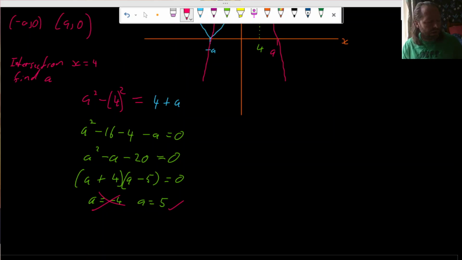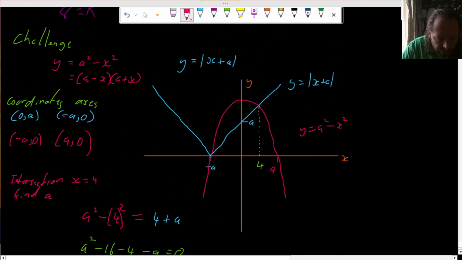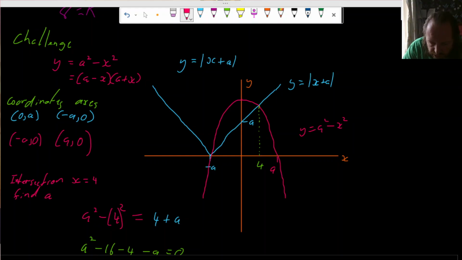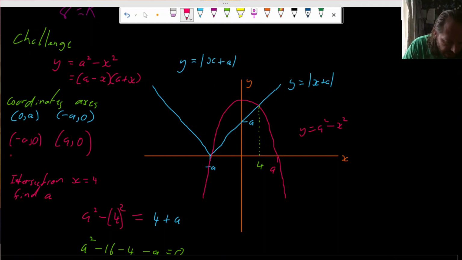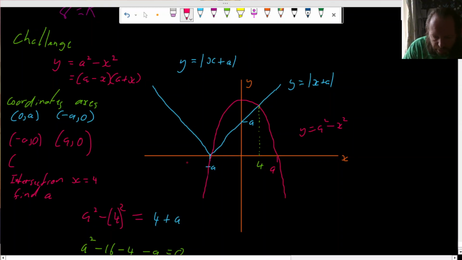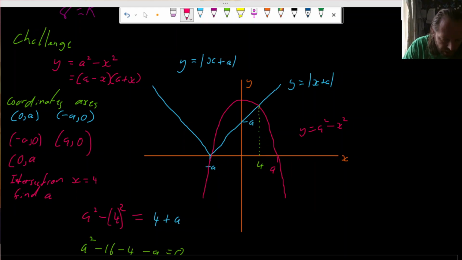And I've just looked at the answers in the book. That's all fine for the a equals 5, but what I did do is I forgot to write down the coordinate of where the pink graph crosses the y-axis. I did speak about it as I was doing my explanation up here, but I didn't write down the actual answer, which of course would be an x of 0 and a y of a squared.